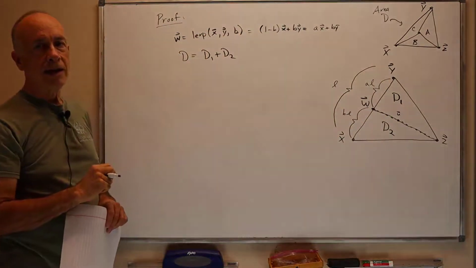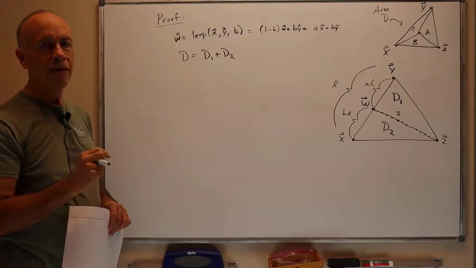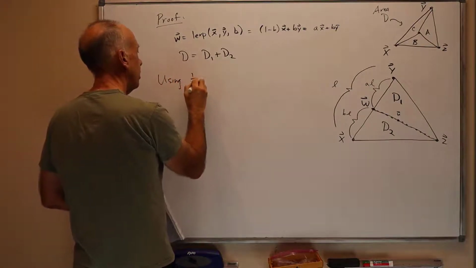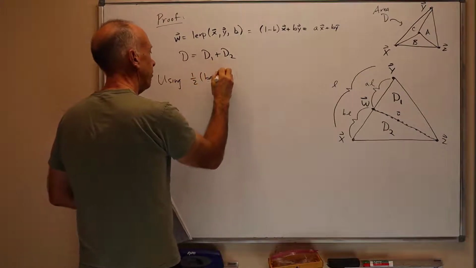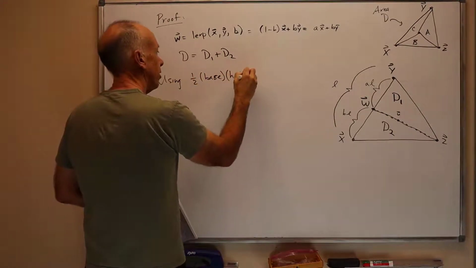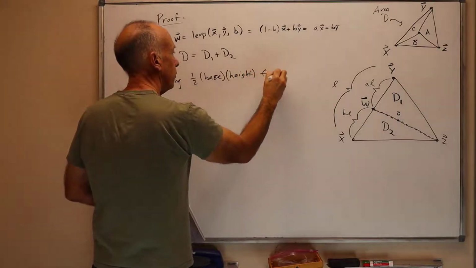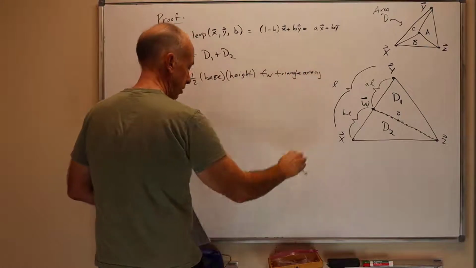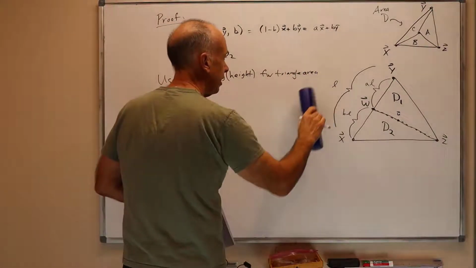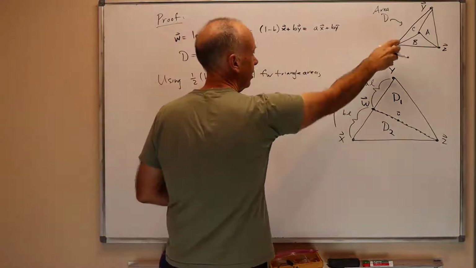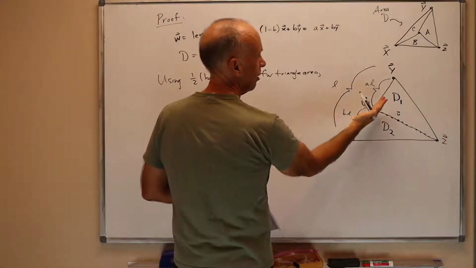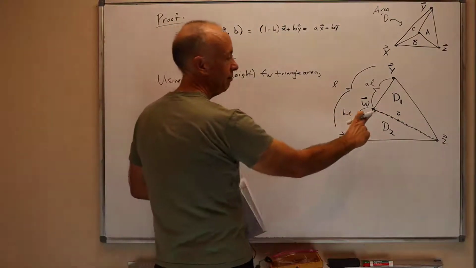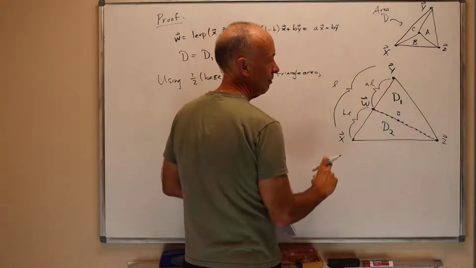Now, using the one-half base times height formula for triangle area, we're going to look at the three triangles D, D1, and D2, or T and these two triangles here. We'll take the line segment XY and use that as the base of D, and then this will be the base of D1, and this will be the base of D2.